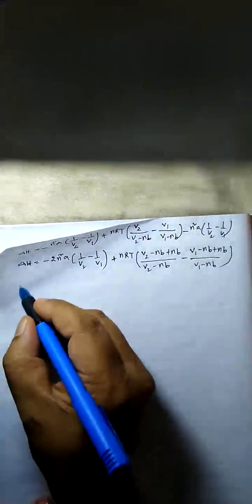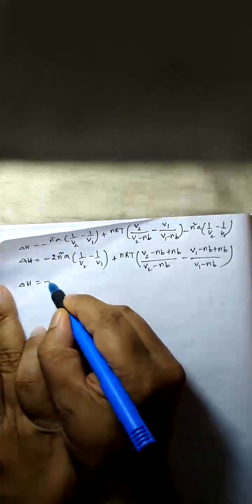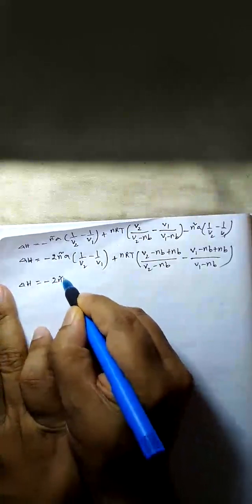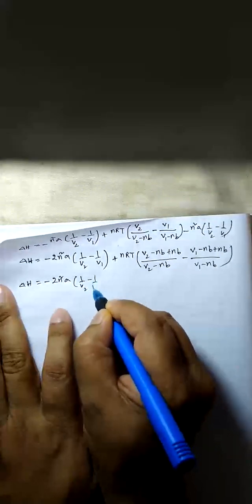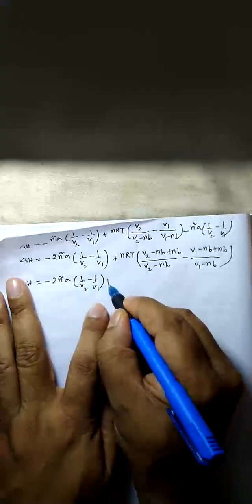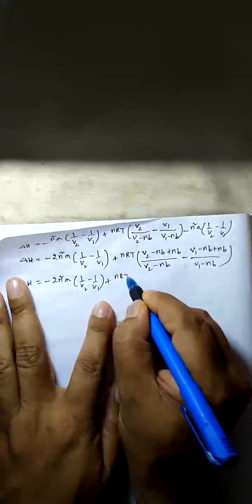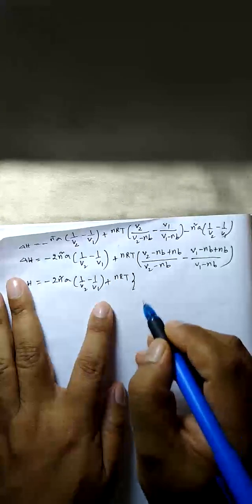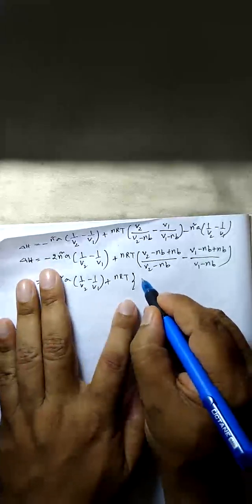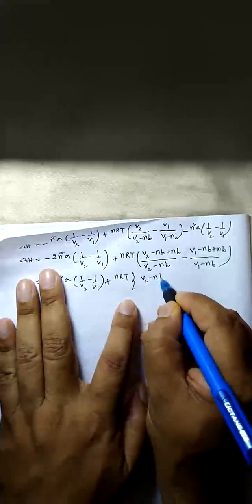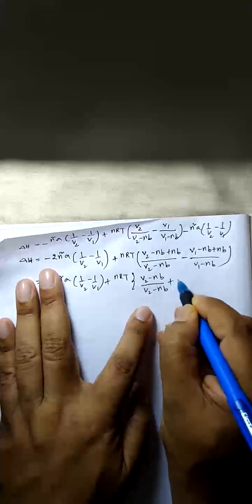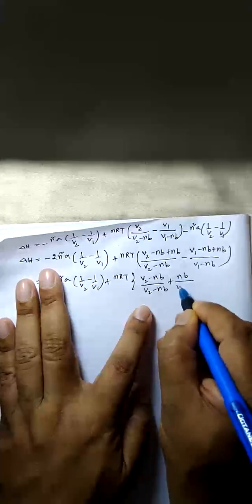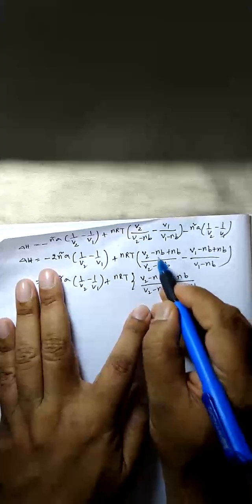Okay, now your delta H will be equal to minus 2 n square a (1 by v2 minus 1 by v1) plus nRT. Now you make this type of curly bracket: v2 minus nb divided by v2 minus nb, plus nb divided by v2 minus nb. I split this one.